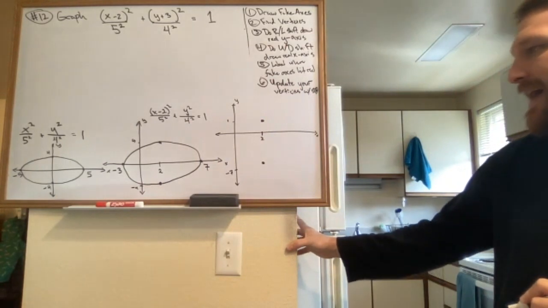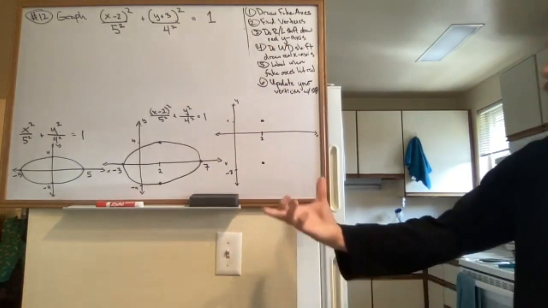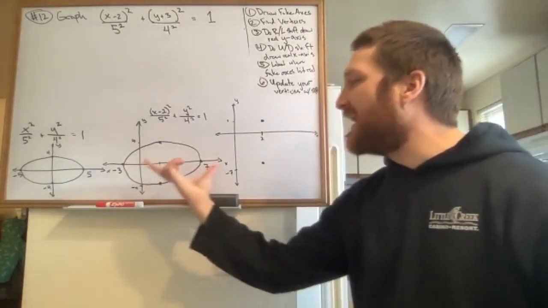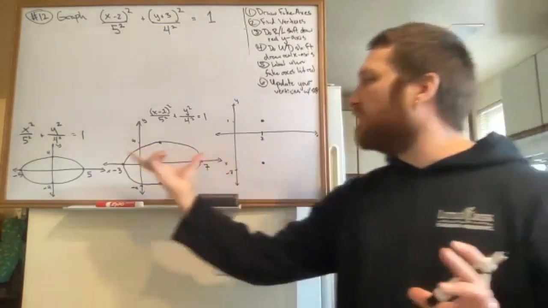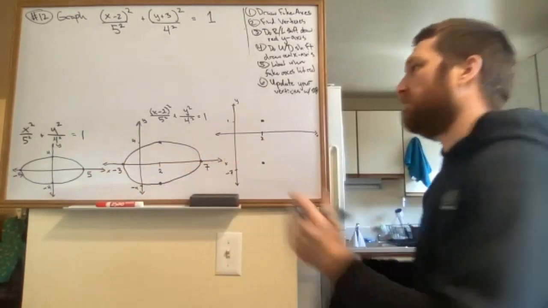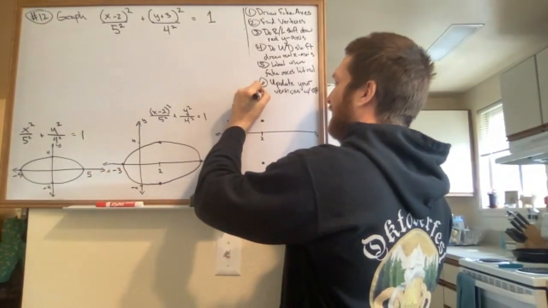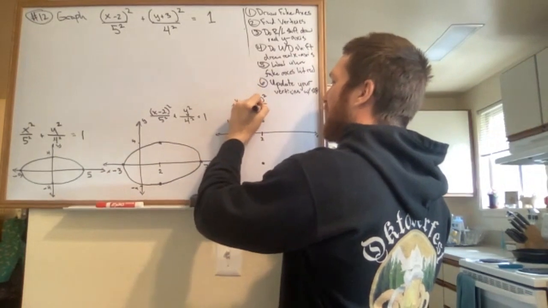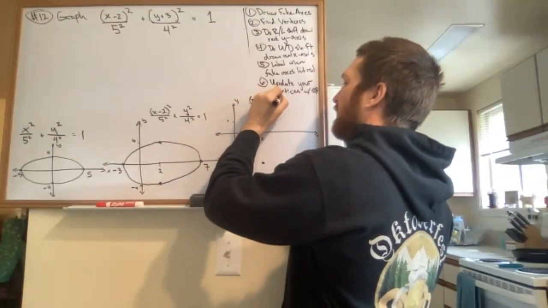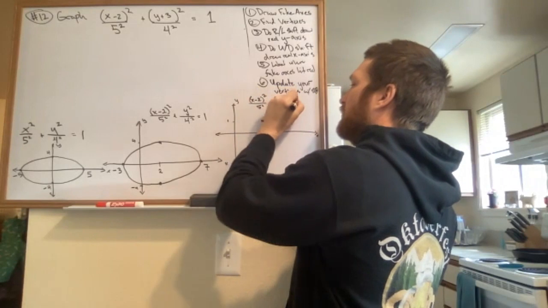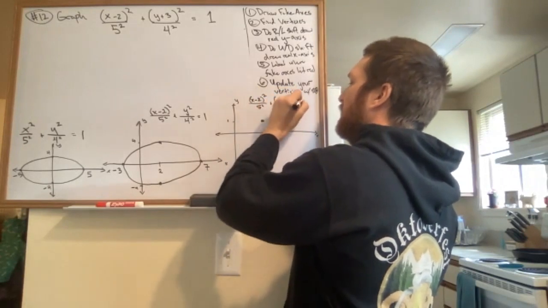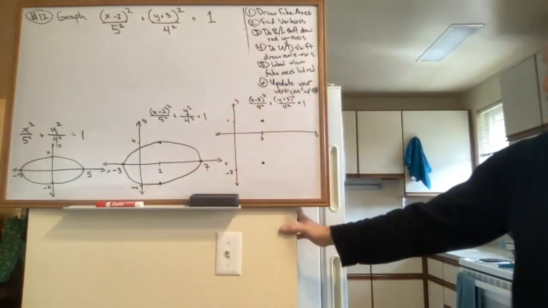Okay, now the points that were on the x-axis, they're not moving right or left anymore with this shift. And actually, let me go ahead and write down the function, or write down the object that we're graphing right now: (x - 2) squared over 5 squared plus (y + 3) squared over 4 squared equals 1. Okay.